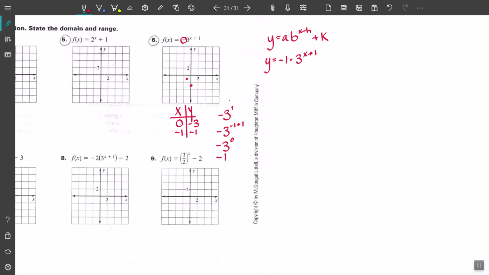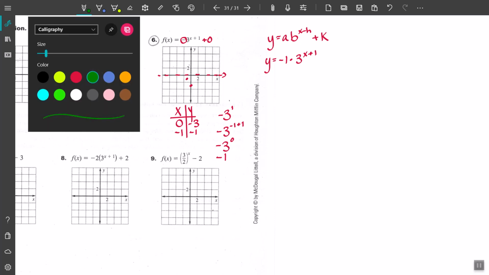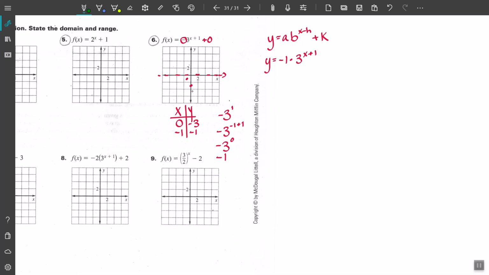So our k value, once again, is 0. That means that our asymptote is at y equals 0. So that's right here. That's the x-axis. Because that's our asymptote, this line here is going to approach it but never cross it. Sorry, that is a really bad line.